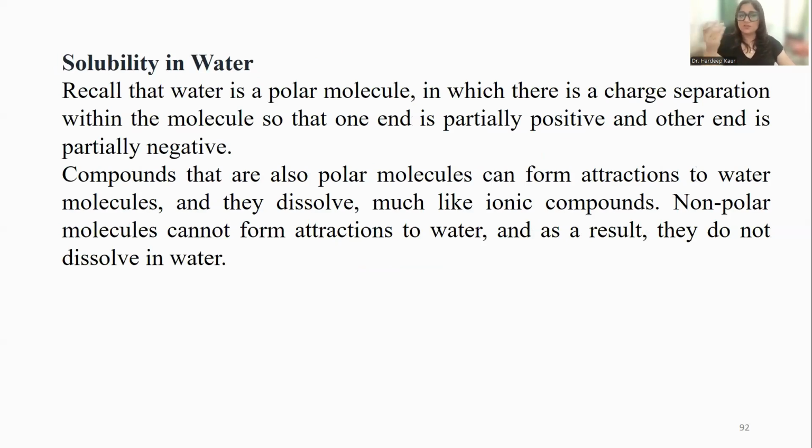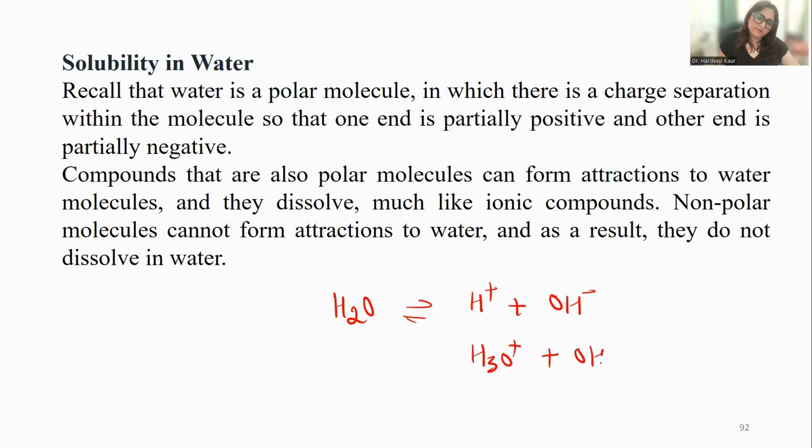Solubility in water. As you know, water is a polar molecule, H2O. It can be written as H positive and OH negative, or sometimes H3O positive plus OH negative. This H3O positive is the hydronium ion: when the H positive, the proton, is in water, it behaves like H3O positive.